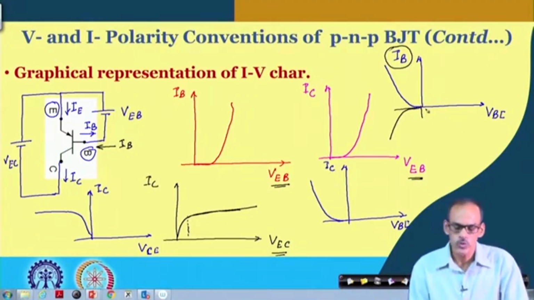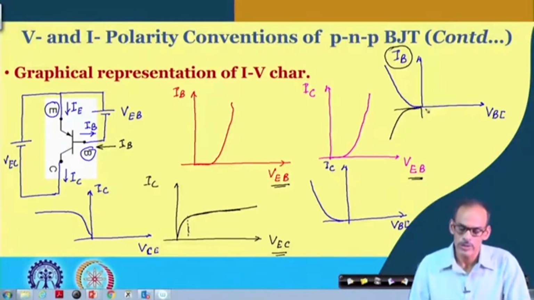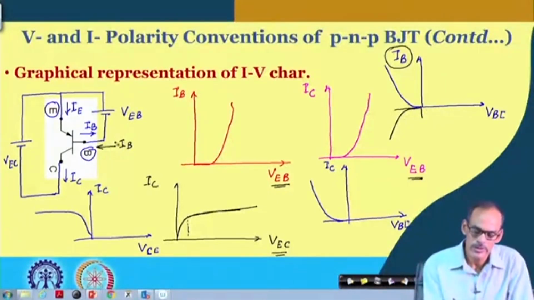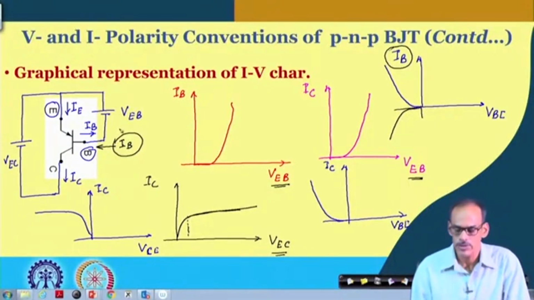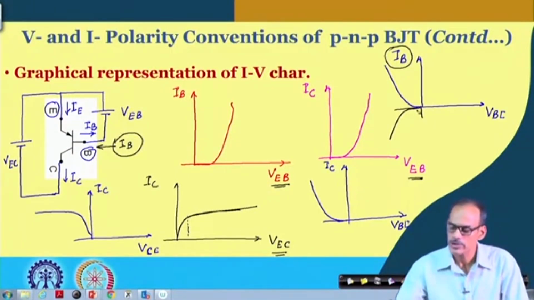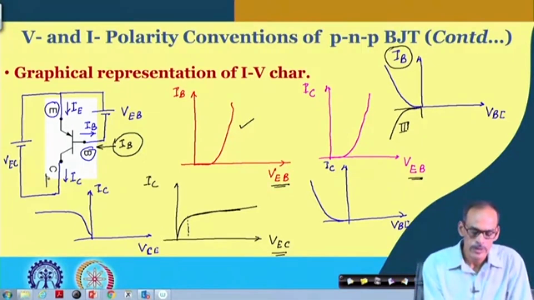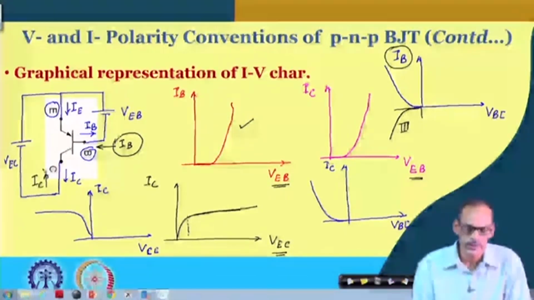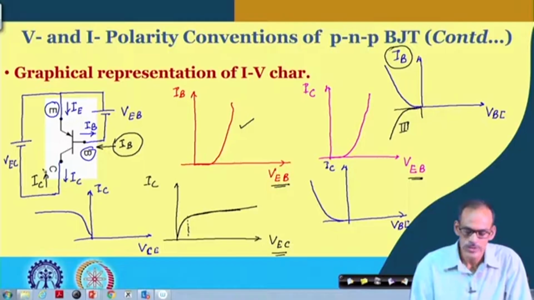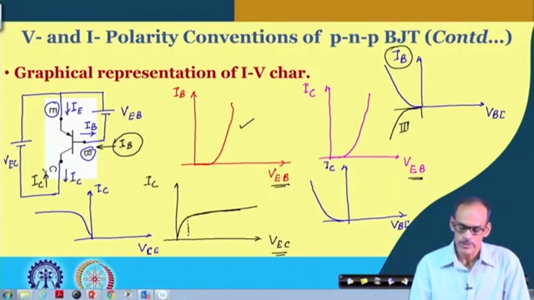So there are two ways of dealing with NPN and PNP together. Either you can use the same convention for NPN and PNP, but then you should be careful that the corresponding characteristic curve, instead of sitting in the first quadrant, enters the third quadrant. Same thing for IC also: if you follow the convention of positive collector current entering the device through the collector terminal, then this current will go to the third quadrant, and same thing here.